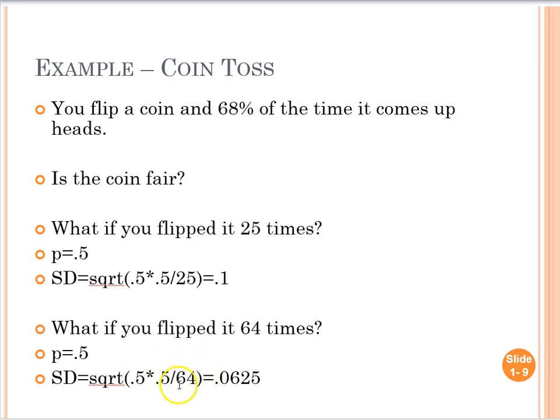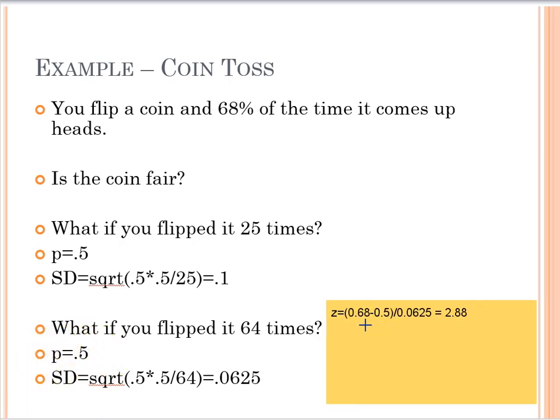We're dividing by a larger number, and so our standard deviation actually gets a lot smaller. And so seeing a 68% heads is going to be more unusual because you would expect less variation from that true center, so that true 50%.